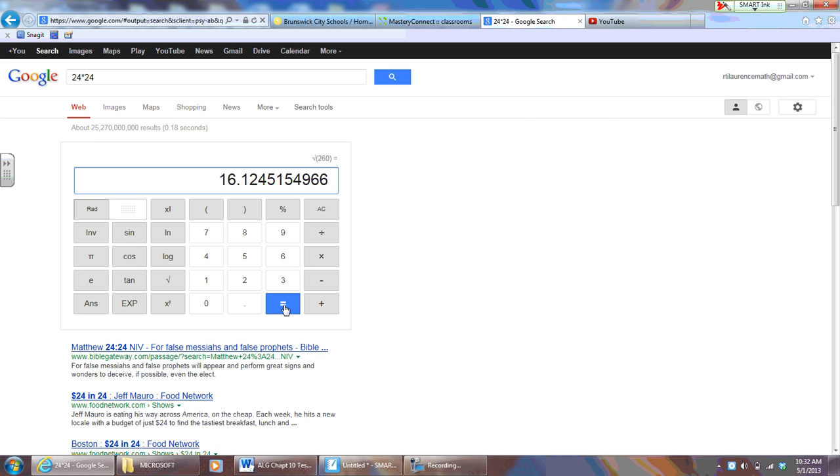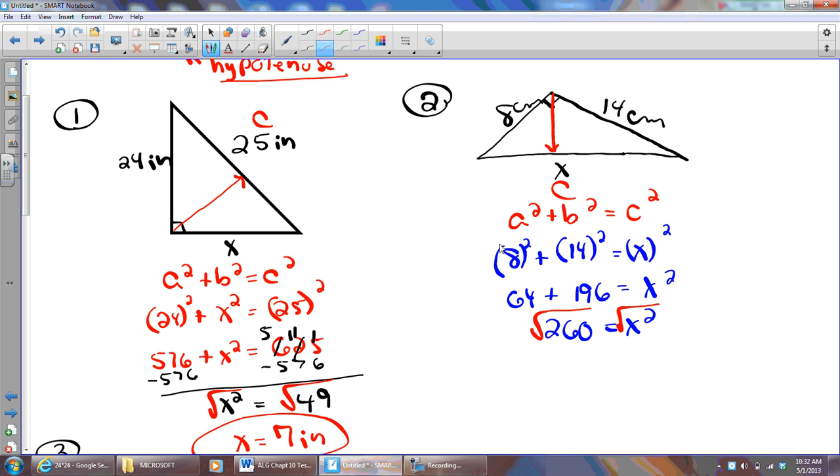And I will get about 16 and 1/10. Of course, that's a rounded approximation. So x is going to equal approximately 16 and 1/10 centimeters.